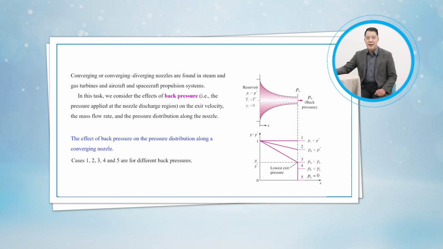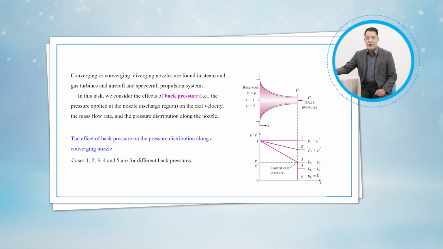Consider the subsonic flow through a converging nozzle as shown in figure 9.8. The nozzle is attached to a reservoir at pressure PR and temperature TR. The reservoir is sufficiently large so that the nozzle inlet velocity is negligible.